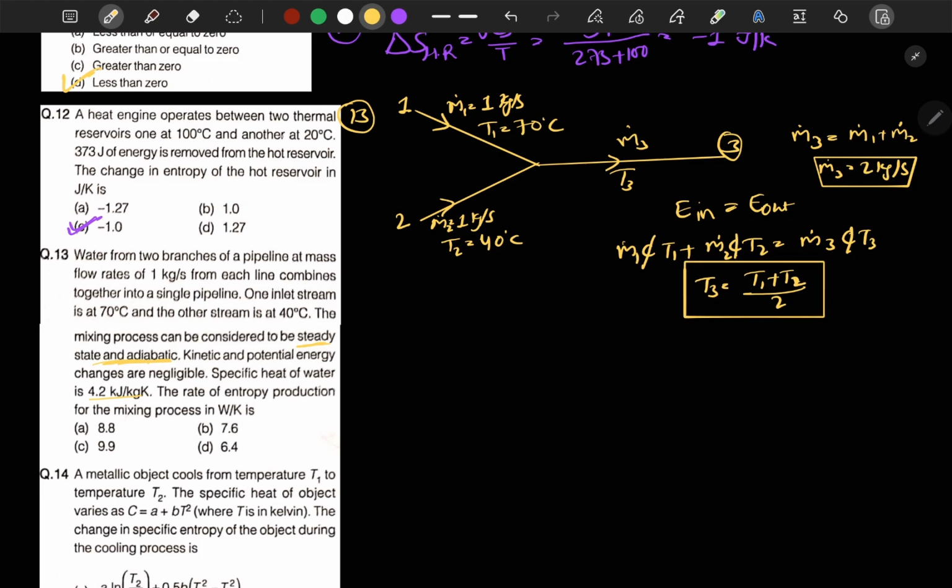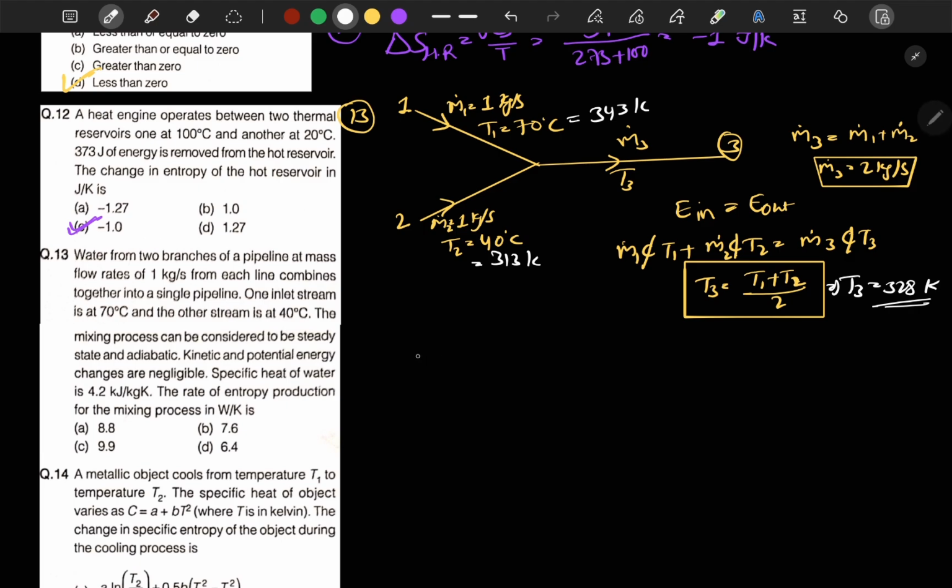Since we have calculated the final mass and final temperature, to calculate the rate of entropy change of the water, we write T1 as 343 Kelvin, and similarly T2 is equal to 313 Kelvin. So we find T3 as 328 Kelvin.